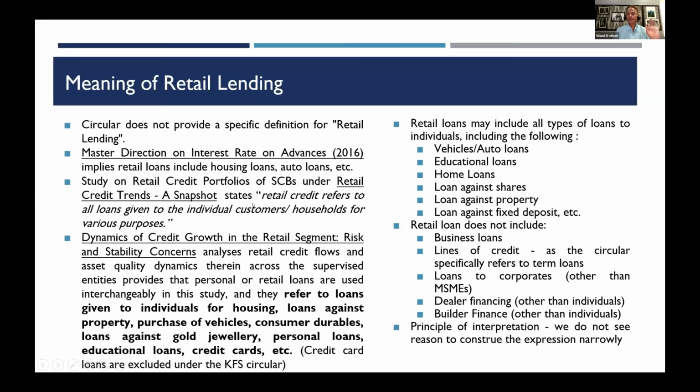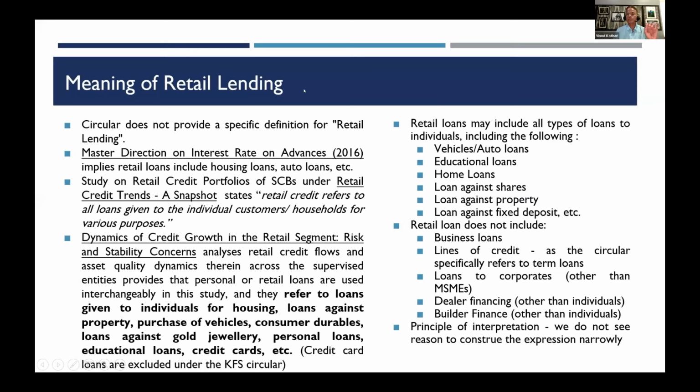We do not find a definition of retail lending there as well. RBI has, in the so-called XBRL formats in the past, used the words personal loans, consumer loans. We have used those kinds of words, but we haven't used the word retail lending as a part of regulatory vocabulary. In RBI's XBRL formats, we don't find the word retail lending. So we're wondering, what does the word retail lending mean?